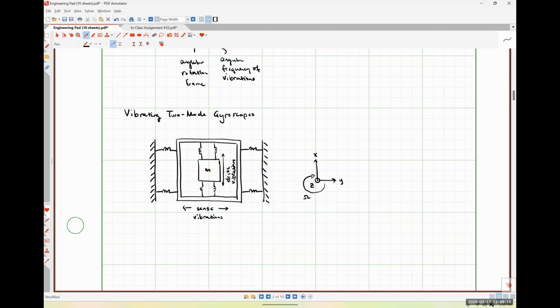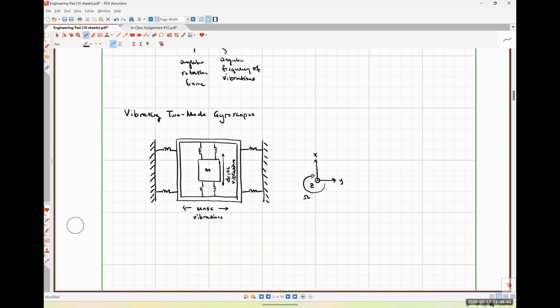Essentially what I've got is a drive mode that is excited in the X direction. So I am intentionally inducing vibrations in the X direction, which would be up and down on this particular page. My rotational axis is in the Z direction.